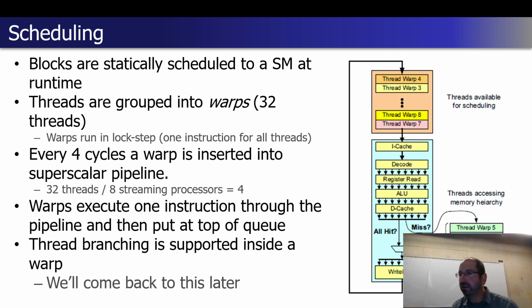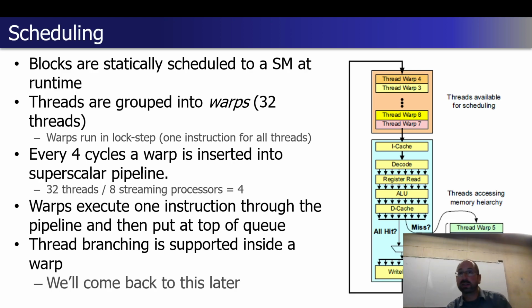The other wrinkle is this is showing 8-wide parallelism for this particular architecture. The warp size is either 32 or 64 in more recent architectures, but in this case it's 32. So we basically do this 4 times, and then that's executing one instruction for that warp. So every 4 cycles, we were able to insert a warp into that vectorized pipeline here, and we get all 32 threads to execute in lockstep.